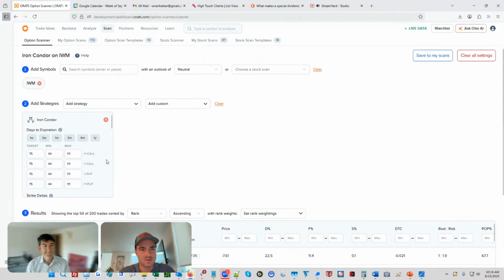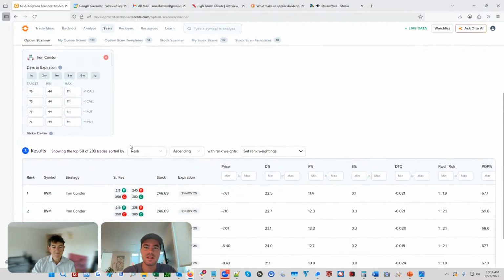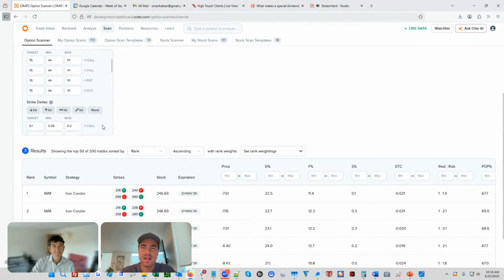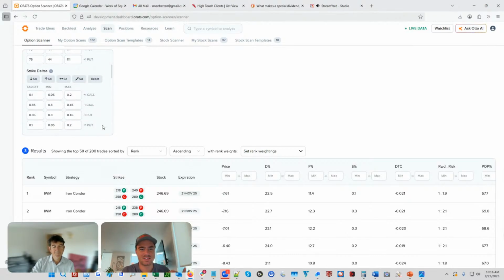The option scanner tool, again, you can use it just like the backtest finder, except the trade ideas is basically our system using it like a person would, looking at this table and running the rank weightings and setting the filters and all that. Yeah, you bring up a good point, Tyler.